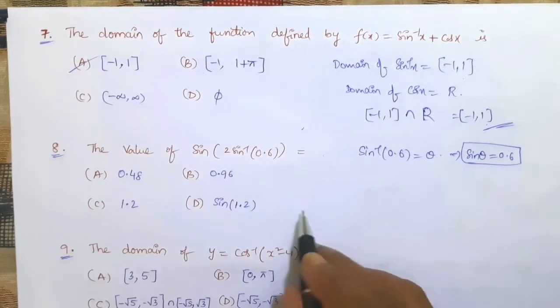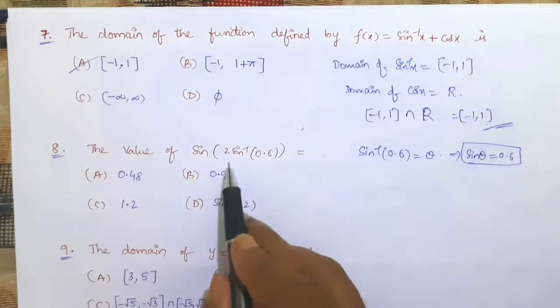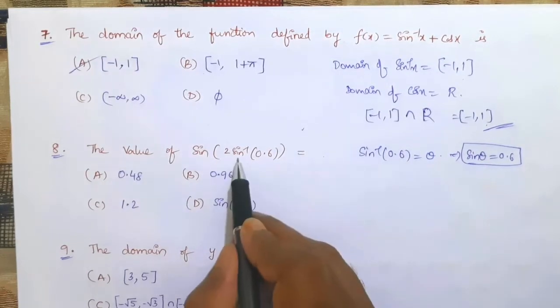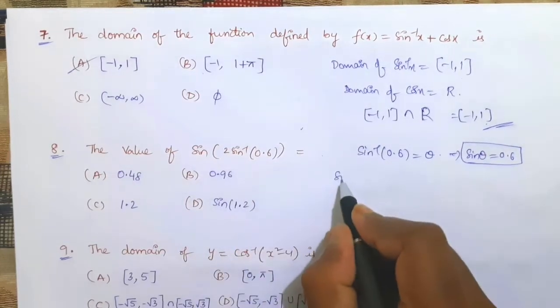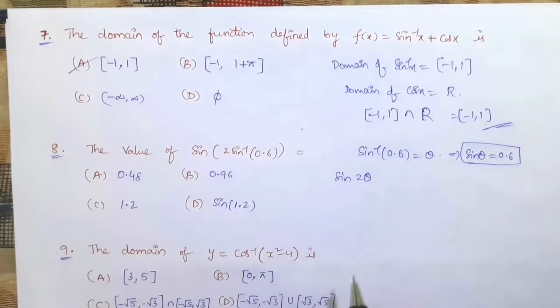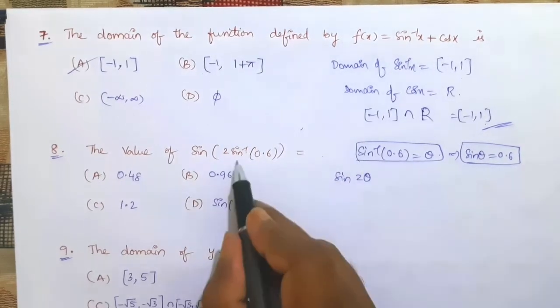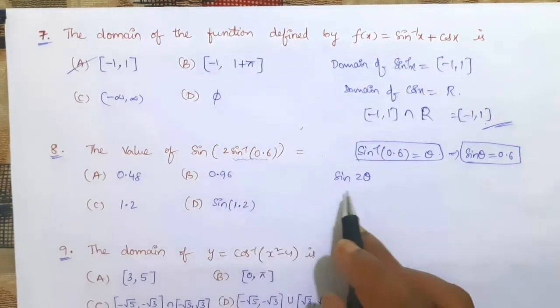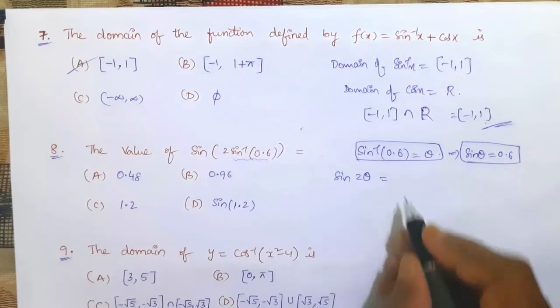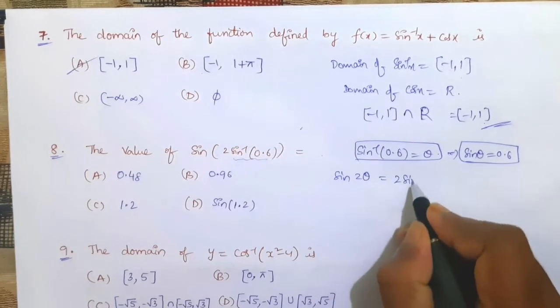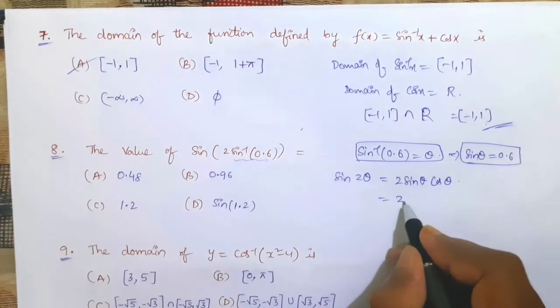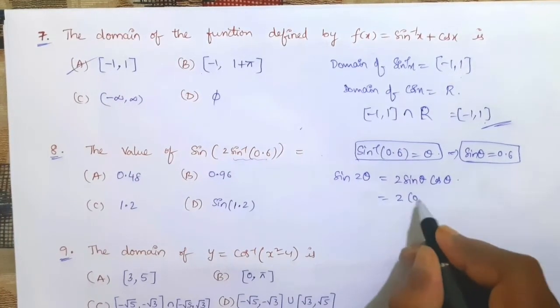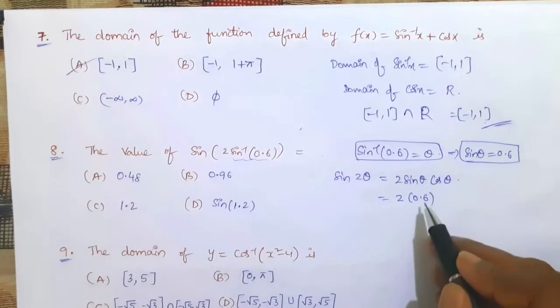Now see, now what happens: sin inverse of 0.6 equal to theta, so 2 sin inverse of 0.6 will become sin 2 theta. Why? Because this is equal to theta. So it will become sin 2 theta, but we know the sin 2 theta formula, that is 2 sin theta cos theta. Okay, what is 2 sin theta? 2 into sin theta, which is 0.6, understood? The sin theta value is 0.6.